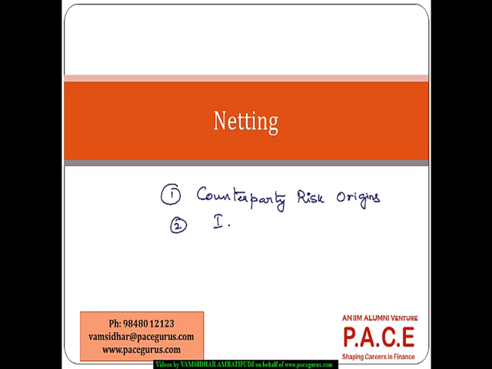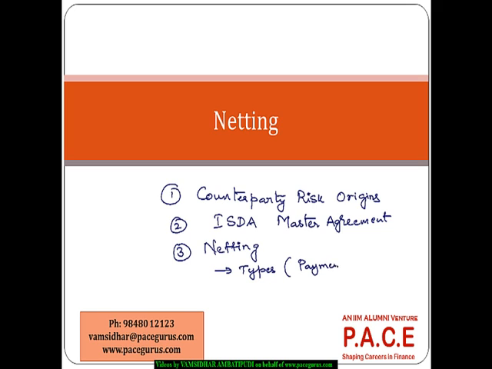What do I mean by ISDA master agreement? And within that, talking more in terms of netting as an aspect. So, what are the different types of nettings? Where we are going to talk about the payment netting as well as the closeout netting.